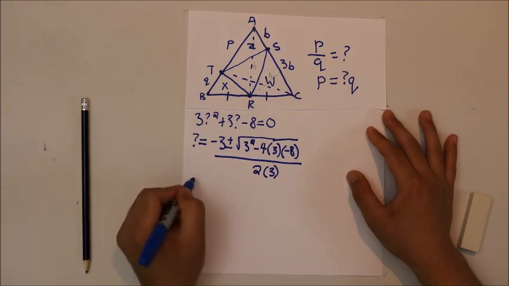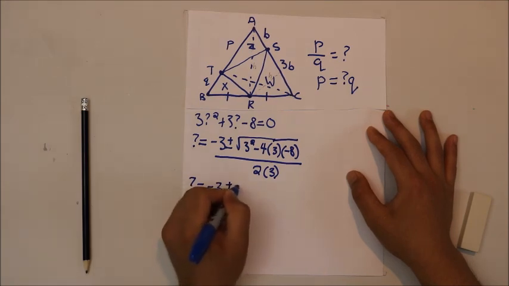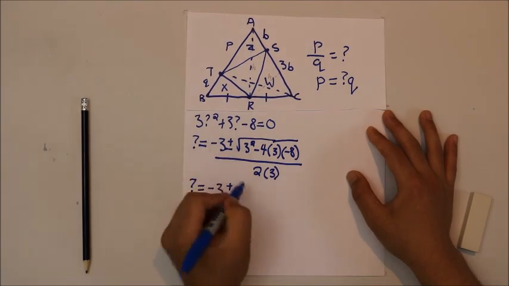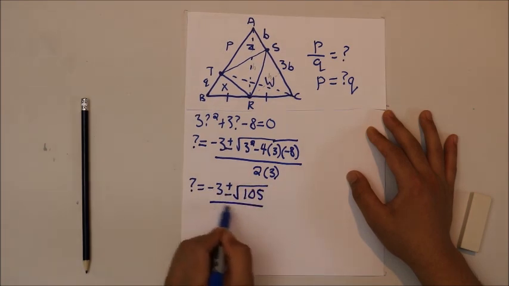And when we simplify, we get question mark is equal to negative 3 plus or minus the square root of 105 divided by 6.